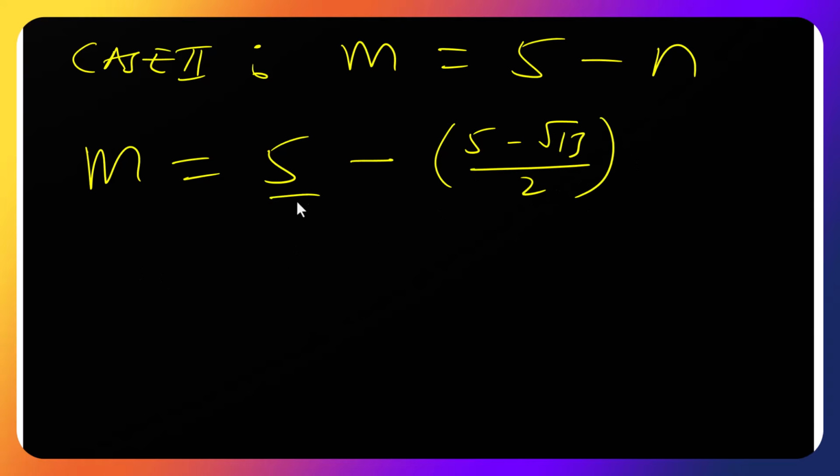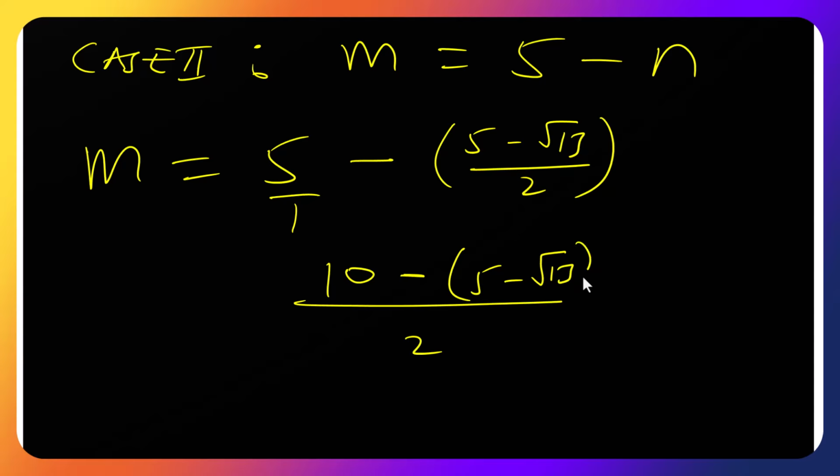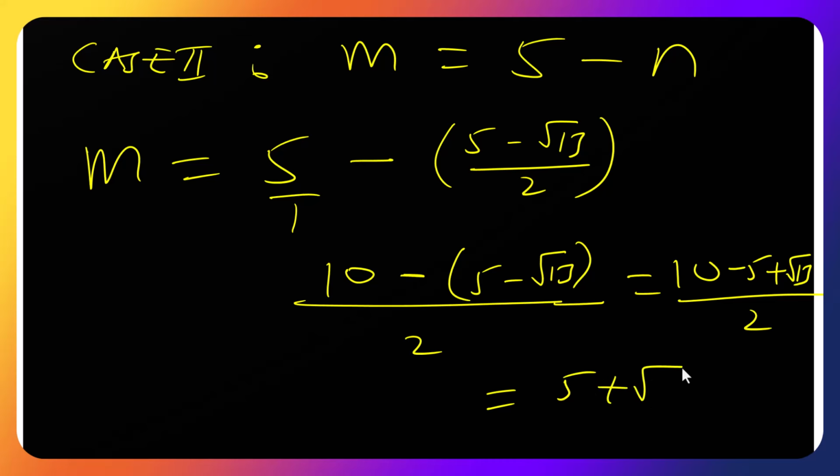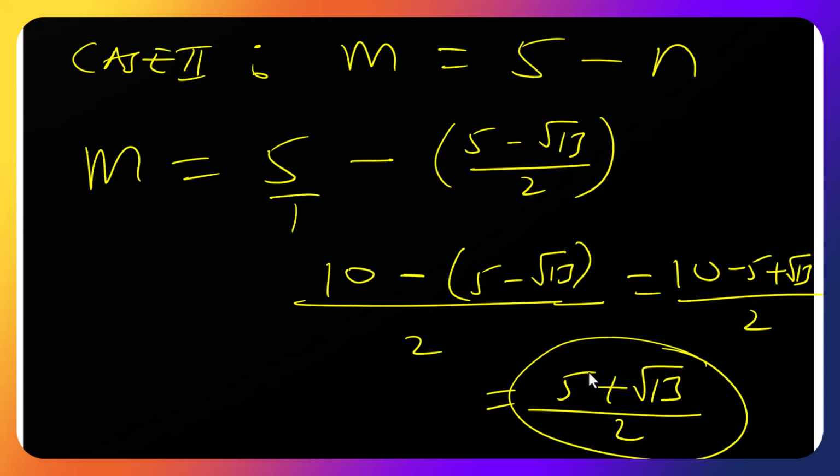So let's make this side over 1. The LCM is 2, 1 times 2 is 2, 2 times 5 is 10, minus (5 minus root 13). So it will be 10 minus 5 plus root 13 on 2. That will be 5 plus root 13 on 2. So that's case 2. Alright.